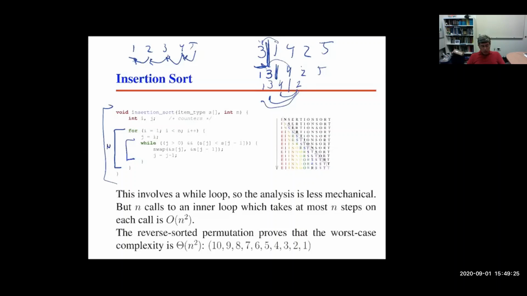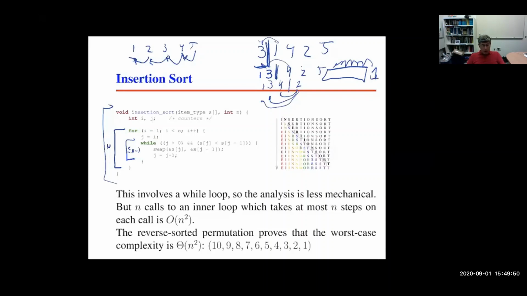What's the worst this inner loop could go? What if the last element that I'm inserting was in fact first in sorted order? I have to compare it against all the n-1 other items. This while loop is going to go around less than or equal to n-1 times.